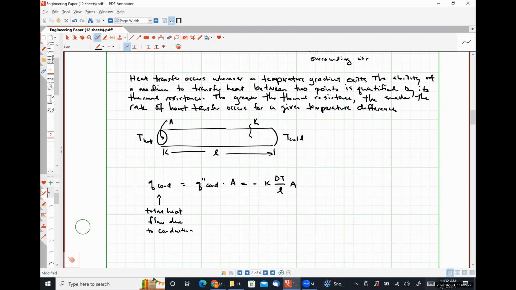So what we can do is we can draw an analog to electrical systems. The change in temperature is driving the heat flux.